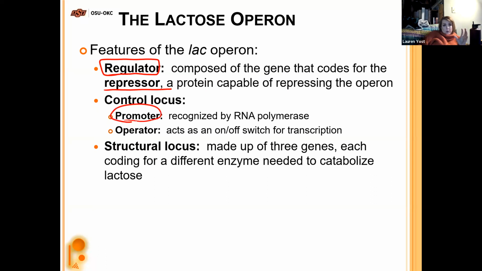The promoter, which we said previously is what's recognized by RNA polymerase. So that's where we're going to start our mRNA being made in transcription. We're going to transcribe it, right? And then we have something called the operator, which is kind of the on-off switch, right? And based on whether we can do that.